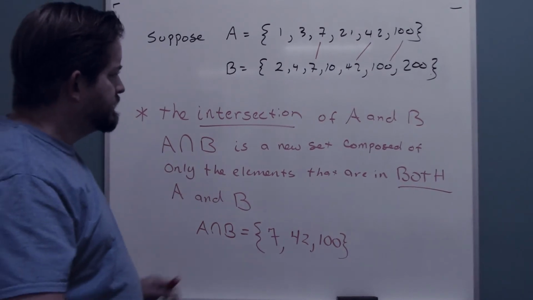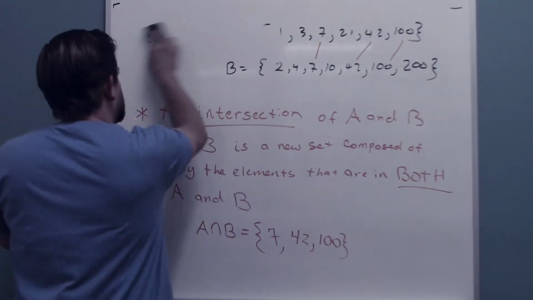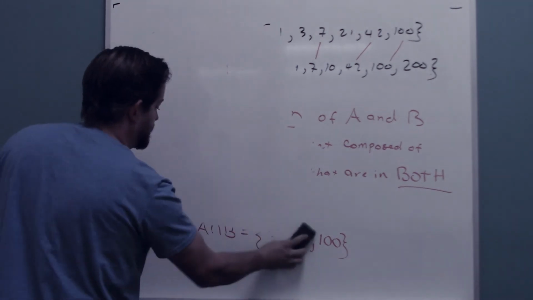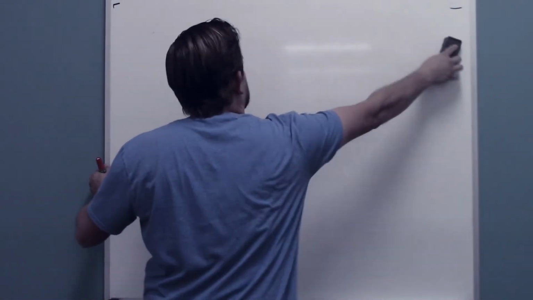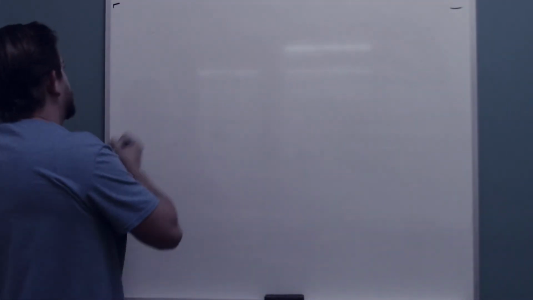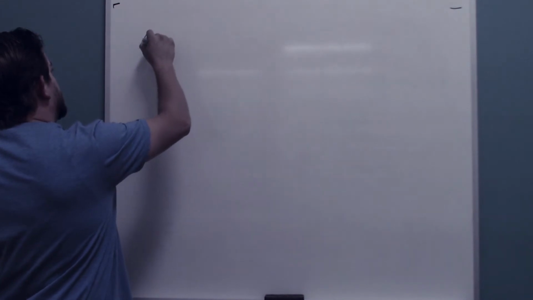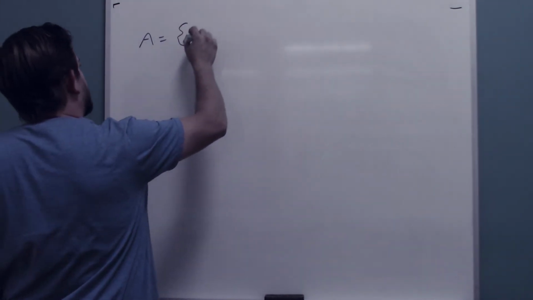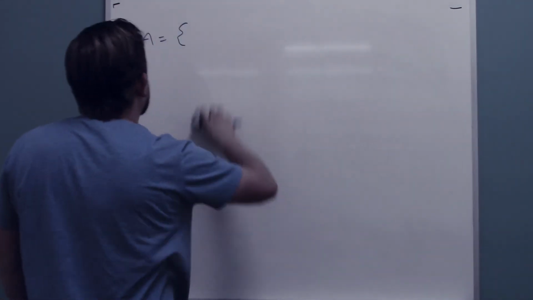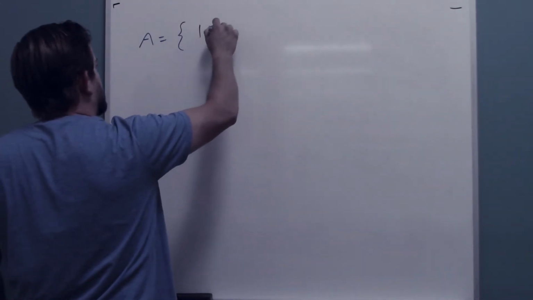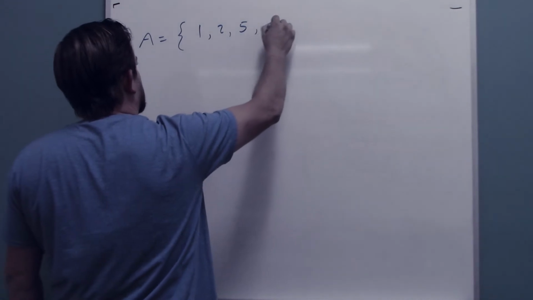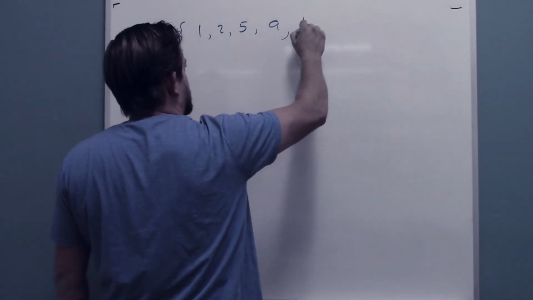All right. Let's take a look at maybe another example of this. You'll see questions like this. Let's give two sets. Let's say I have A is, we have some numbers, that's a bad bracket. And we might have some letters in there.